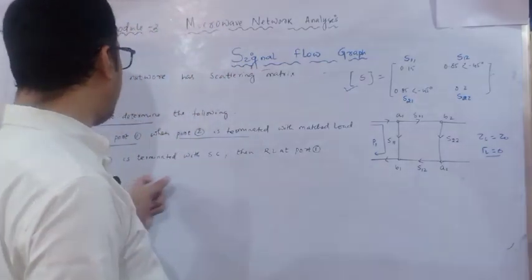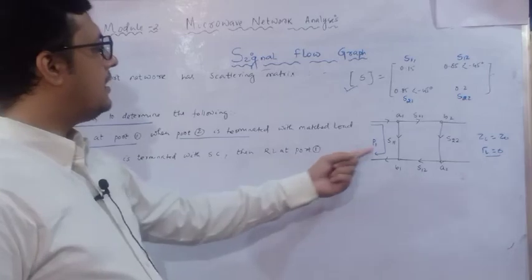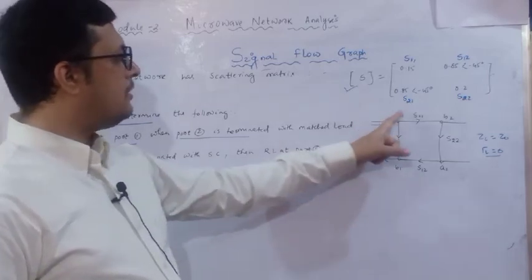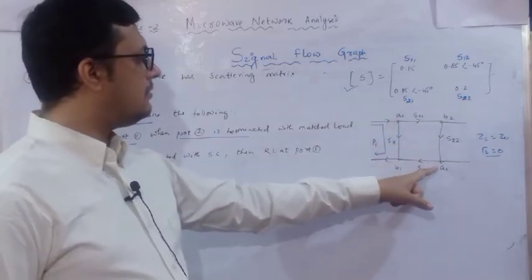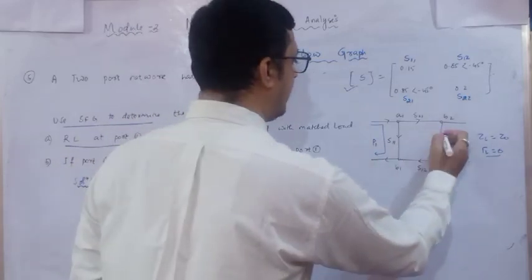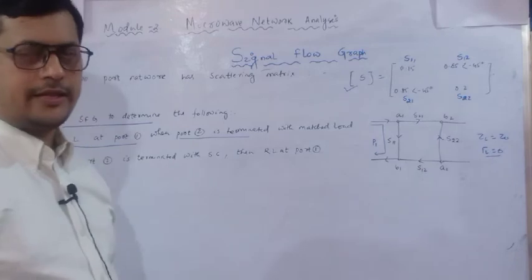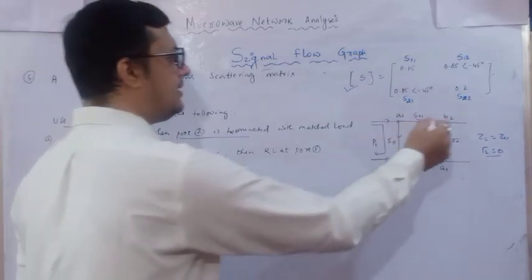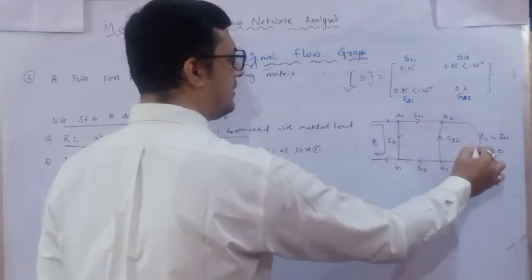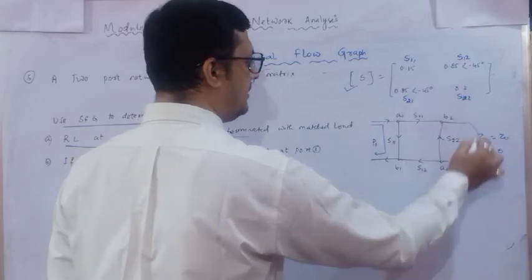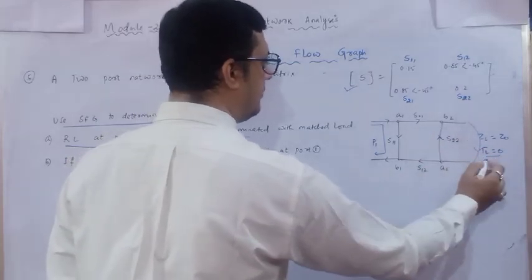Now this is one particular path we have seen. Now one more path, you can see S12, sorry, this is upward. I have drawn this one, it is S22. Now there is only one forward path. In the previous question we saw the reflection coefficient was available and we considered path 2, but here the reflection coefficient is 0.